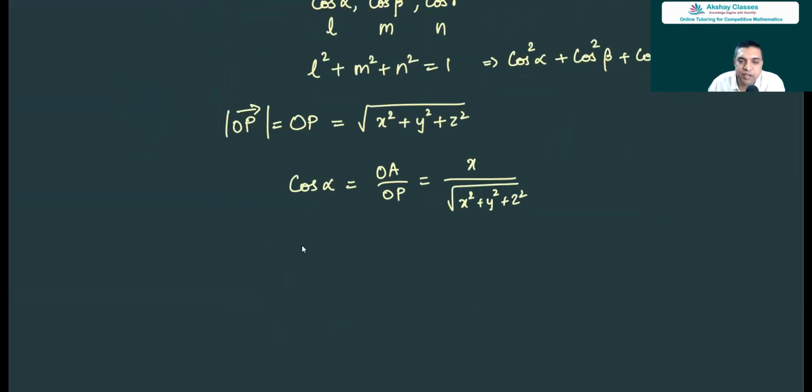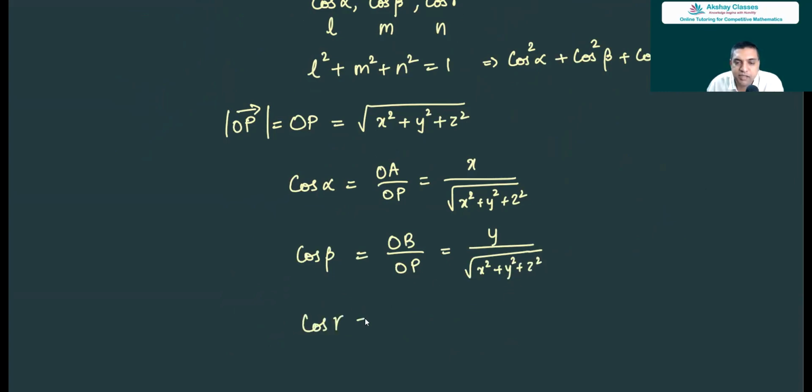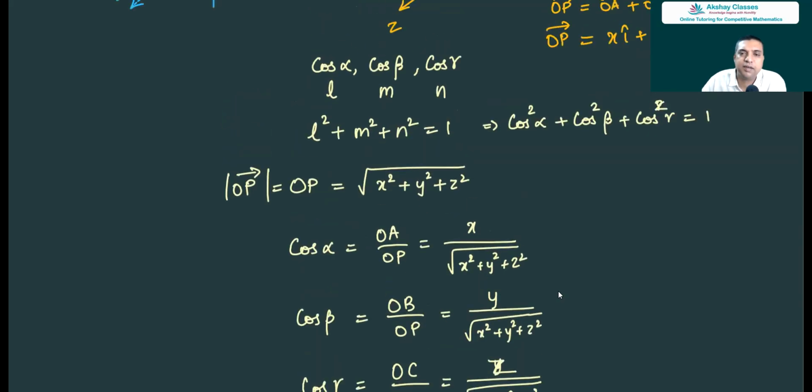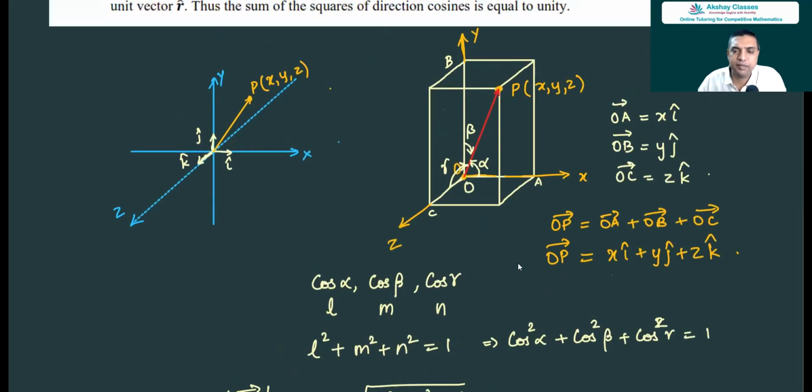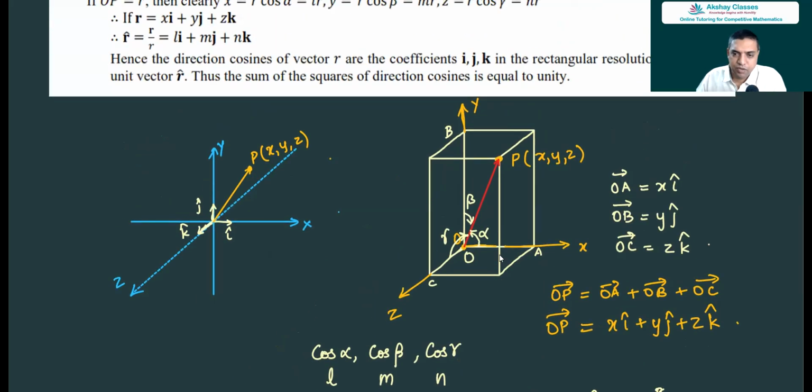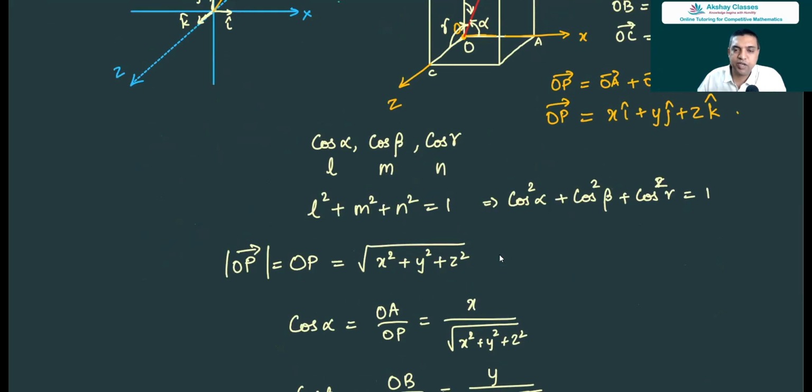Cos beta is OB by OP, and cos gamma will be OC by OP, z upon root of x square plus y square plus z square. Okay. So these are direction cosines. So root of x square plus y square plus z square we can write as R.